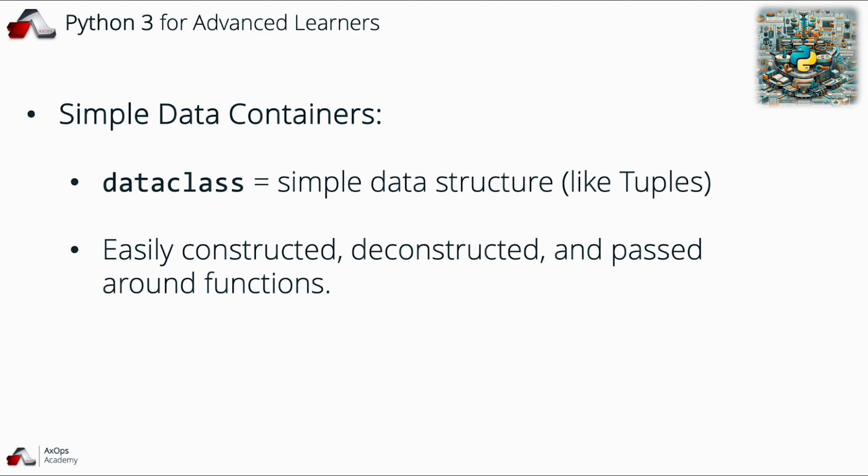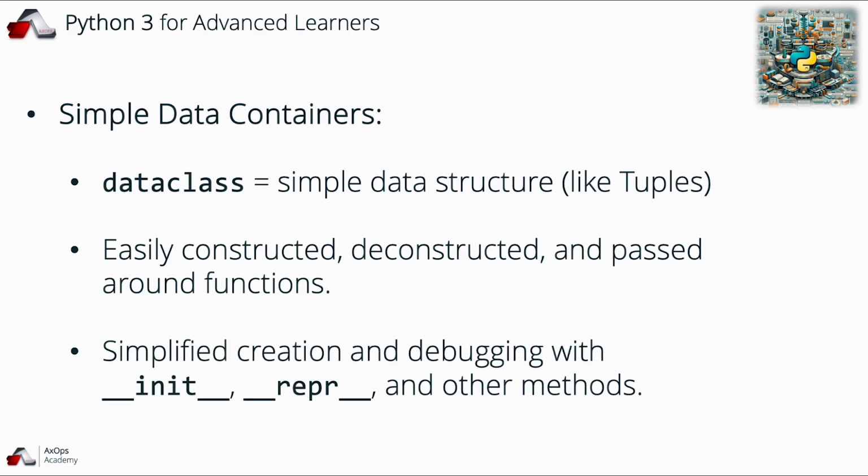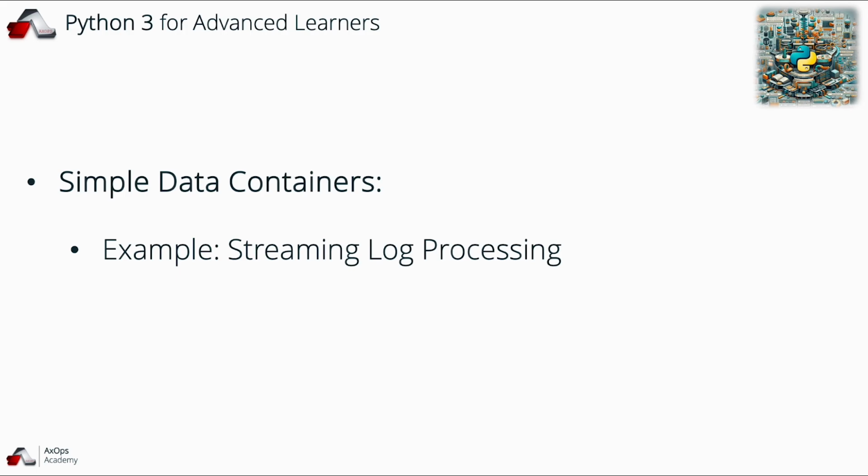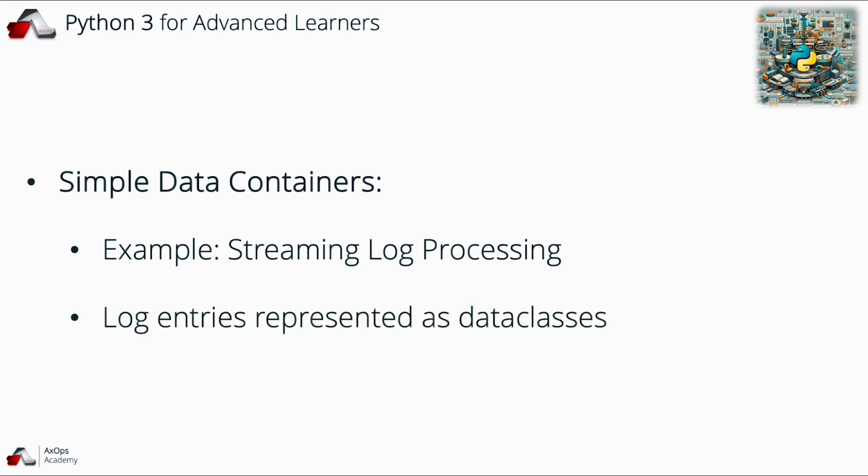They automatically generate init, repr, and other methods that simplify the creation and debugging of these special data structures. In streaming log processing, for instance, log entries can be represented as instances of a data class and passed through various functions for filtering, mapping, and reducing operations.